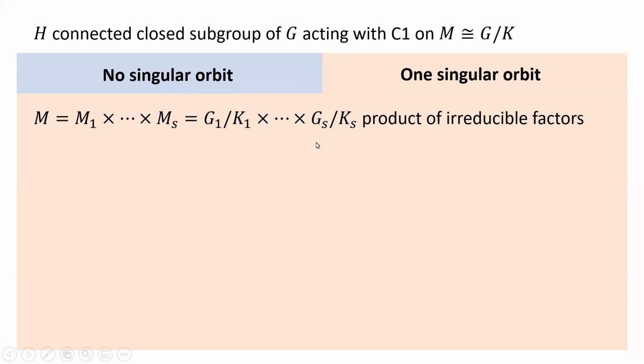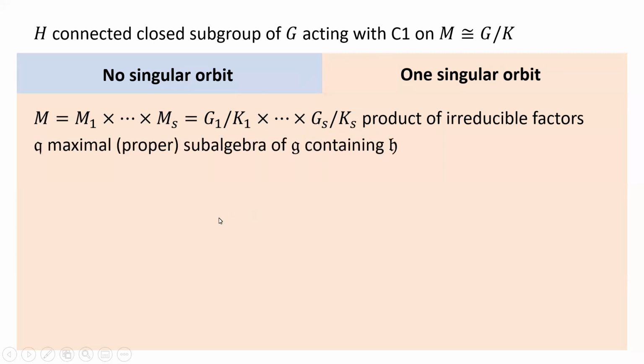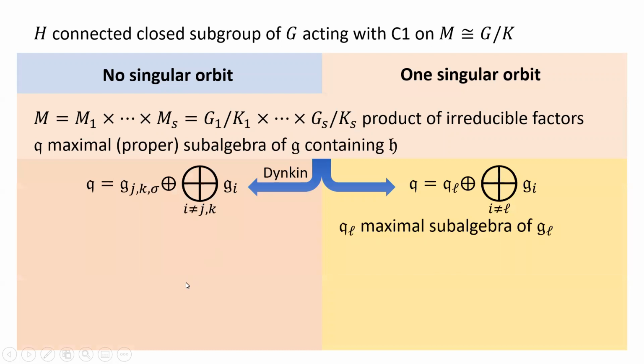Okay, good. So now what we do is the following. Between G, the whole isometry Lie algebra, and H, the Lie algebra of the group acting with cohomogeneity 1, we consider in between a maximal proper subalgebra Q of G containing H. Okay, and by a result of Dynkin, such a maximal proper subalgebra of G must be of these two types.